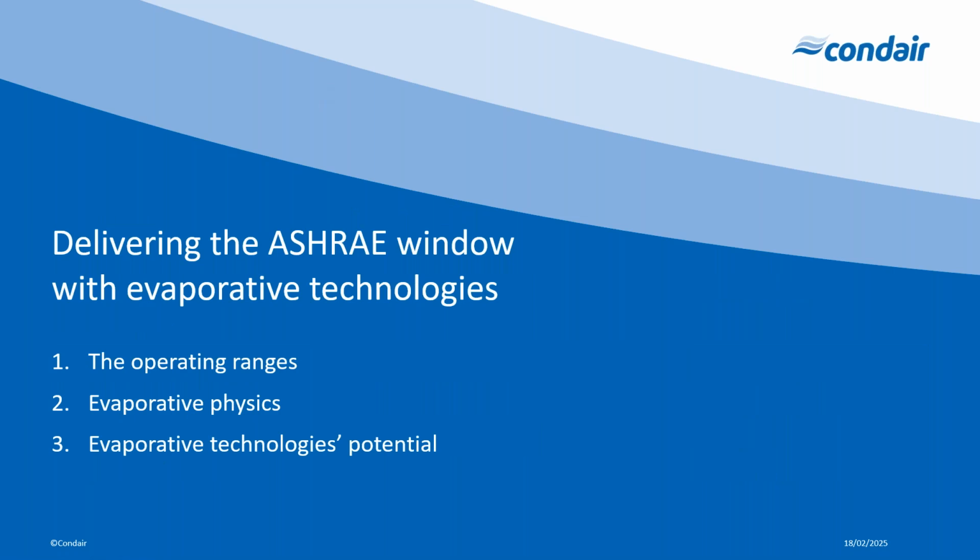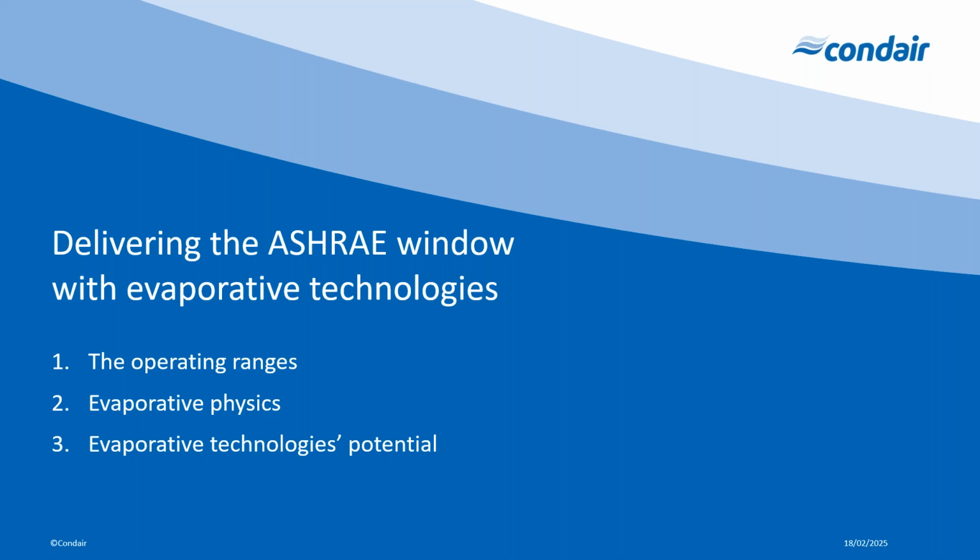So I'd like to start off with an introduction to the ASHRAE environmental envelopes and ranges for air-cooled equipment. For those of you that aren't familiar with ASHRAE, it is the American Society of Heating, Refrigeration, Air Conditioning Engineers. Now, for those of you that aren't in America, I know there's a lot of you from the rest of the world here.